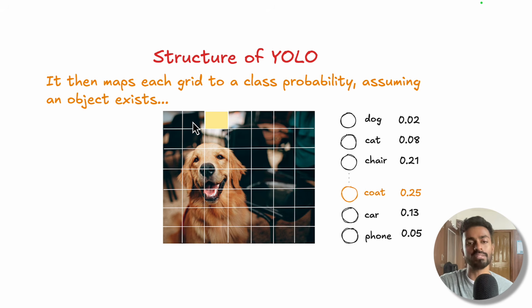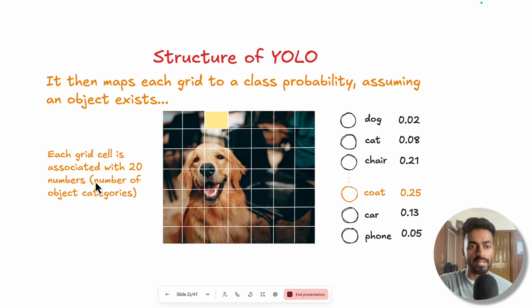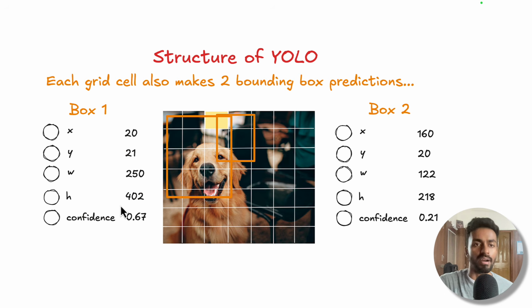So you can see that each of these 49 grid cells will be associated with 20 numbers, and these 20 numbers correspond to the number of object categories. So that's one aspect. Now, each grid cell will also make 2 bounding box predictions. It is responsible for 2 predictions. And the idea here is that each box is going to be represented by 5 numbers.